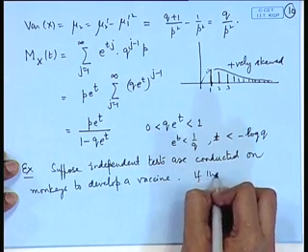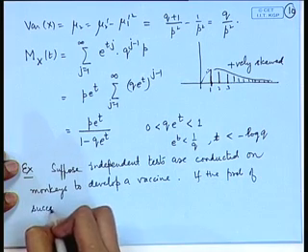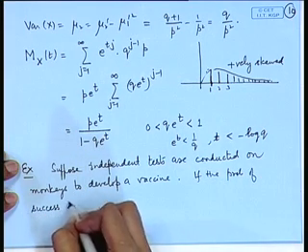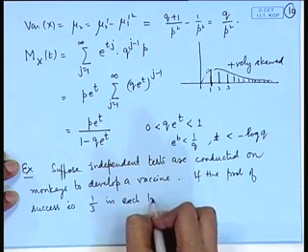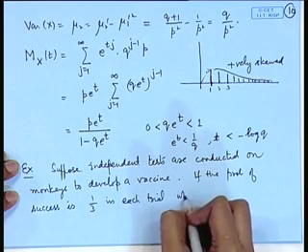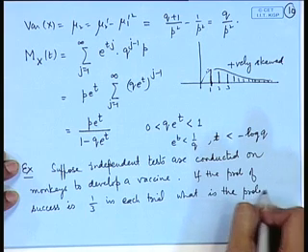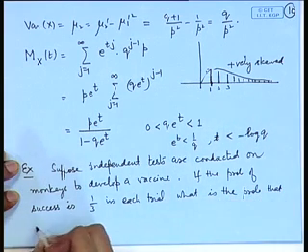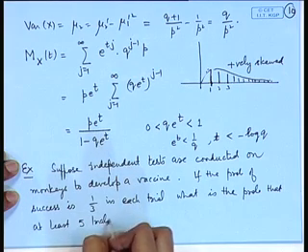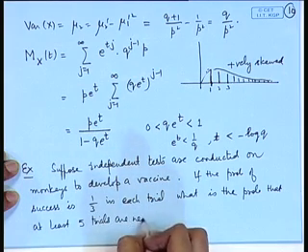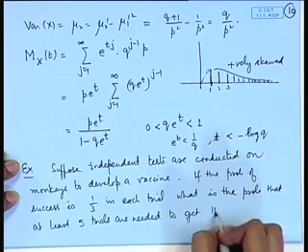If the probability of success is 1 by 3 in each trial, what is the probability that at least 5 trials are needed to get the first success?